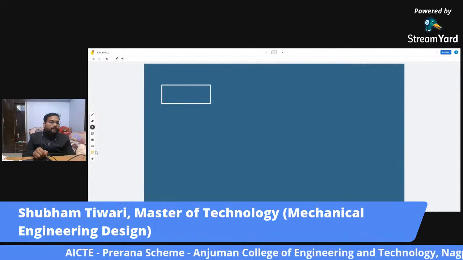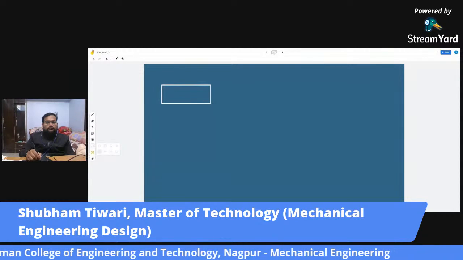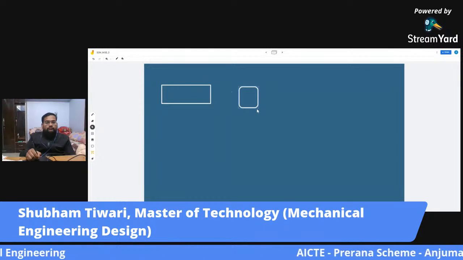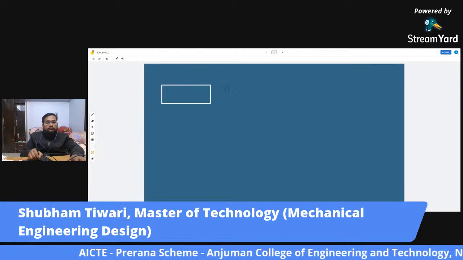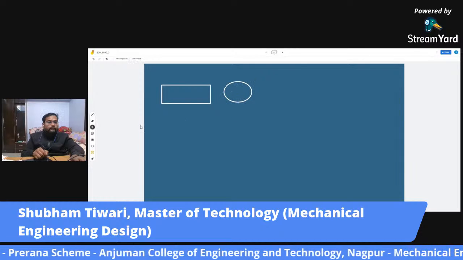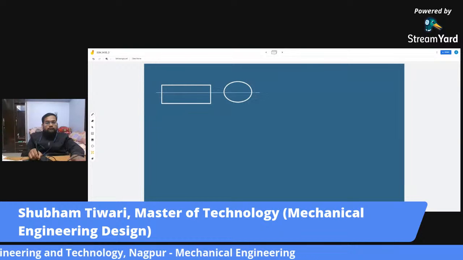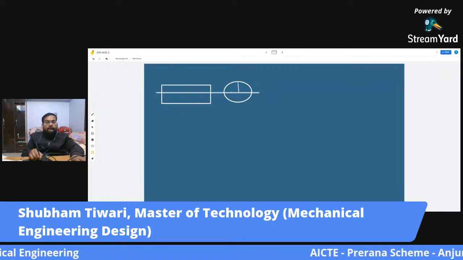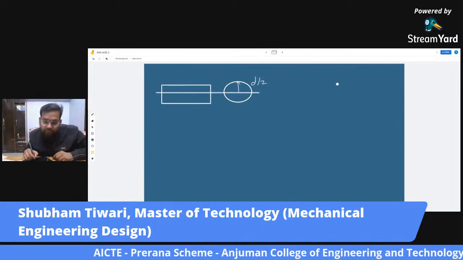So this is a shaft here. A shaft has a circular cross section. The shaft has a diameter d, so this distance will become d by 2.